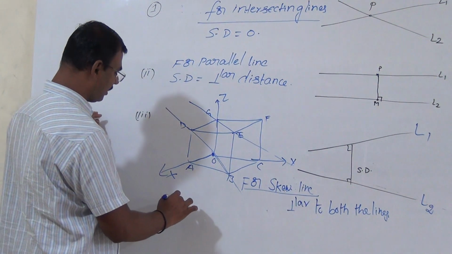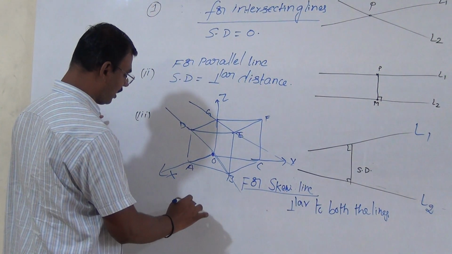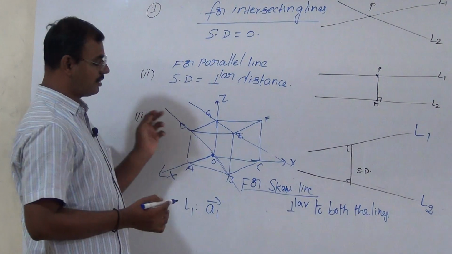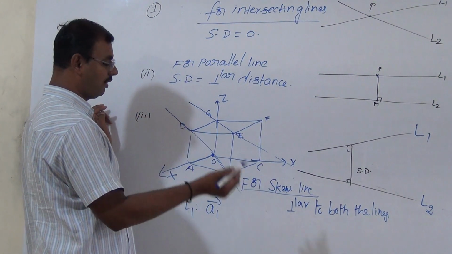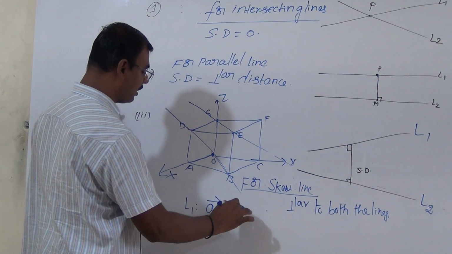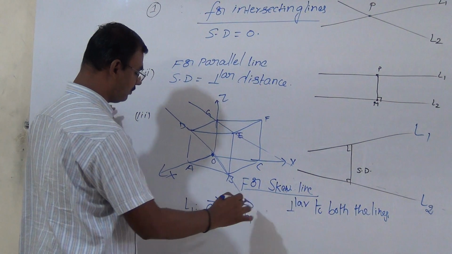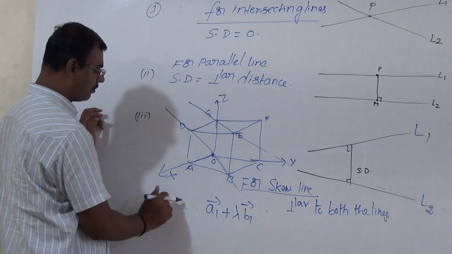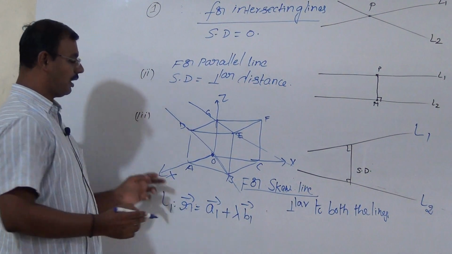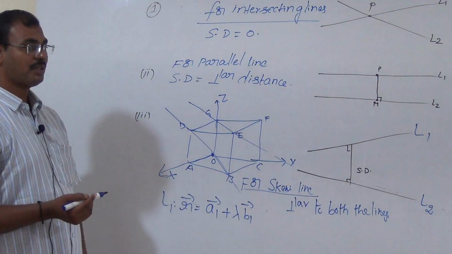For example, I take the first line, let L1 be the equation of a line in Cartesian form and vector form, which we already proved. L1: R bar is equal to A1 bar plus lambda times B1 bar.